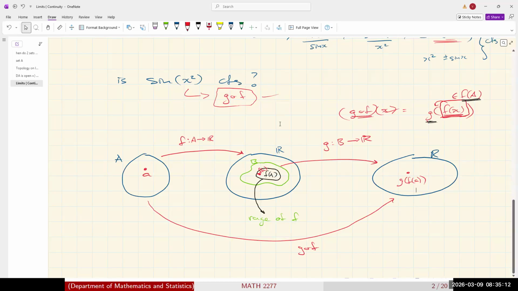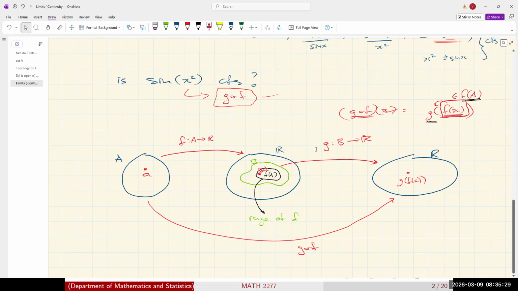Okay, so let's see how to prove this. To prove this, all we basically have to do is write down the definition of continuity for f and g and then piece them together.